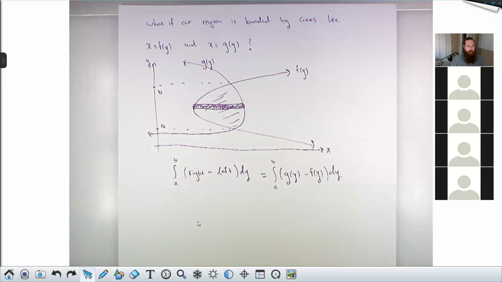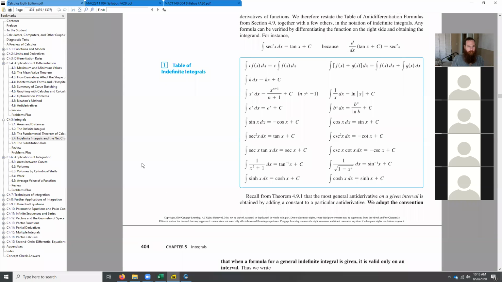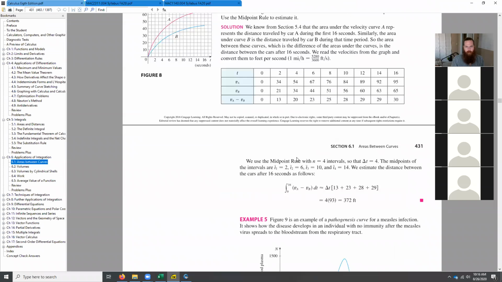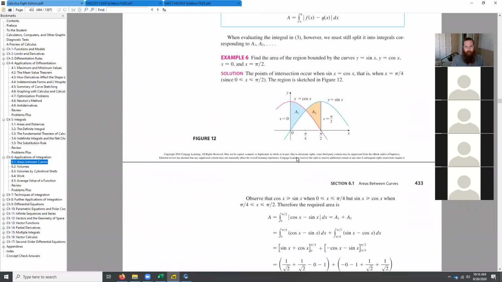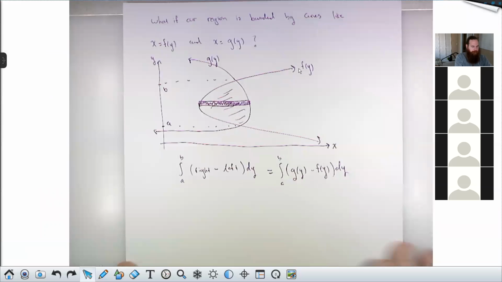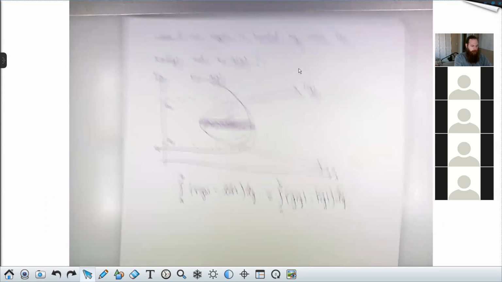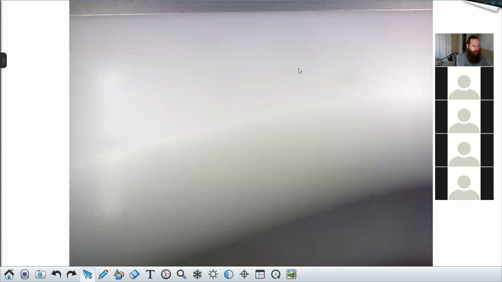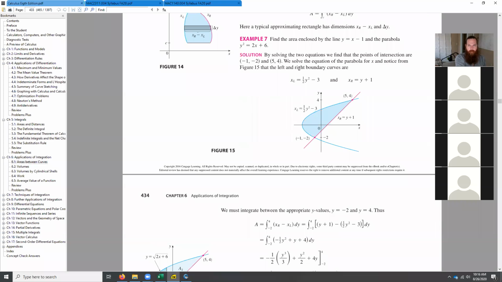Okay, let me grab an example from your textbook then. I have a nice one here. Yeah, let's do this one. So y equals x minus 1 and y squared equals 2x plus 6. Is it x minus 1 or x plus 1?